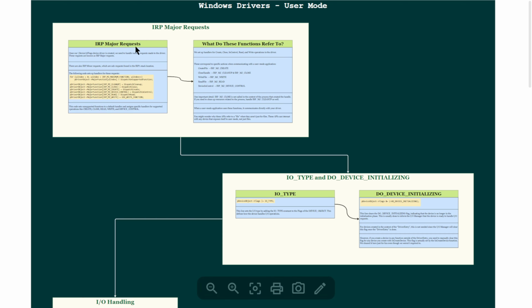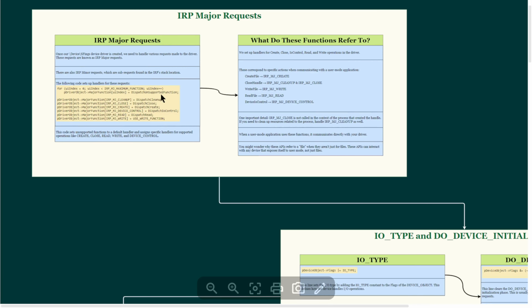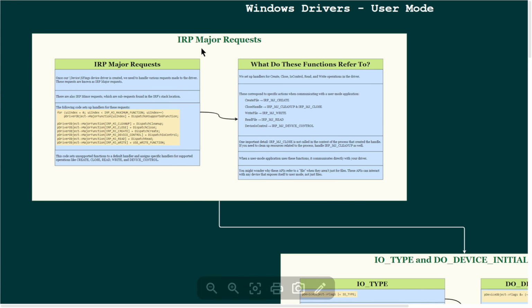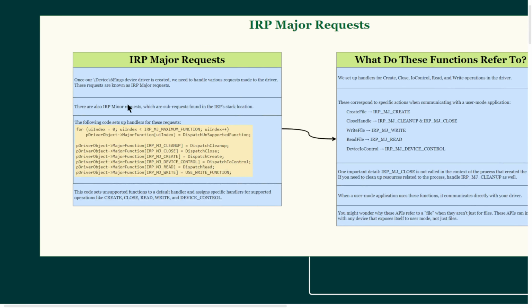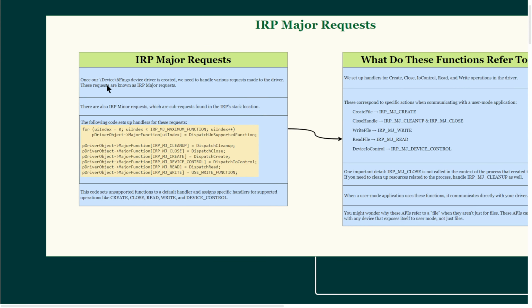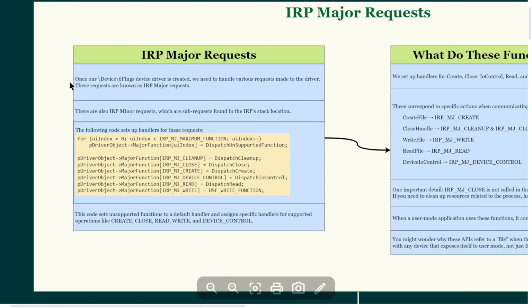So in this lesson, first we will study IRP major requests. Once our device driver is created, we need to handle various requests made to the driver. These requests are known as IRP major requests. So we have created the driver.